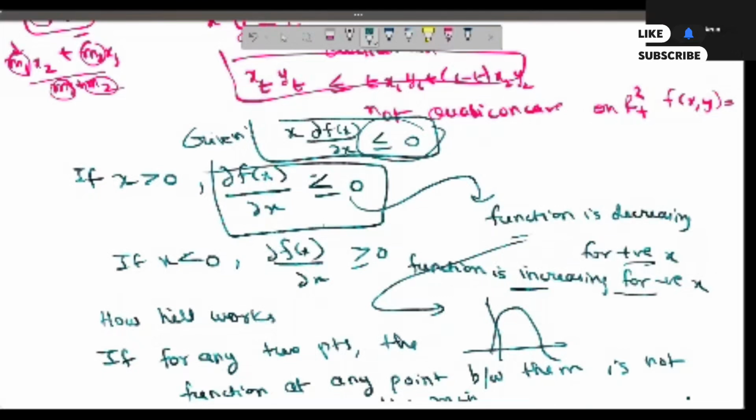And it has a peak at 0. So that is the condition for a hill. If something is increasing and then decreasing in values, that is the feature of quasi-concavity. Is this fine? Yes, ma'am. I'll go through this today.